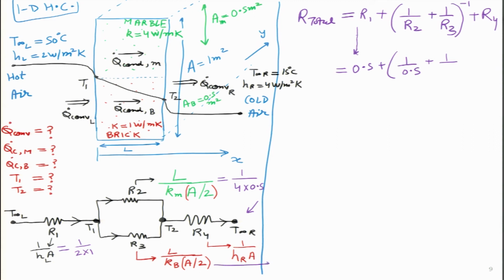So, this will turn out to be L is 1, Kb is much less than 1, and area is 0.5. So, this will turn out to be a big number. So, it is a large resistance. And finally, R4 is over here, 1 upon hRA, and hR value we have taken as 4 and area is 1. So, this is the smallest resistance, 0.25.